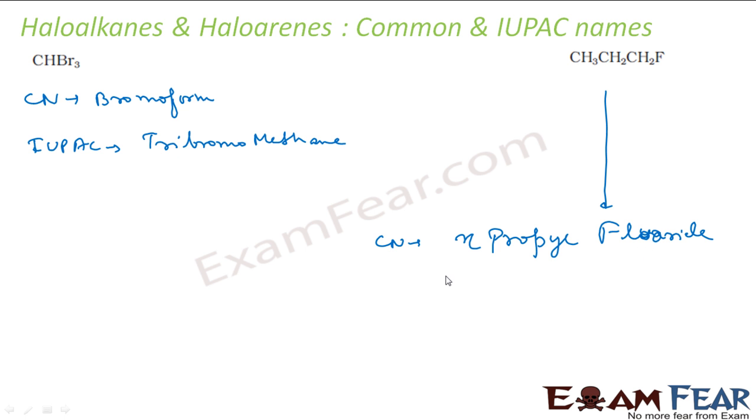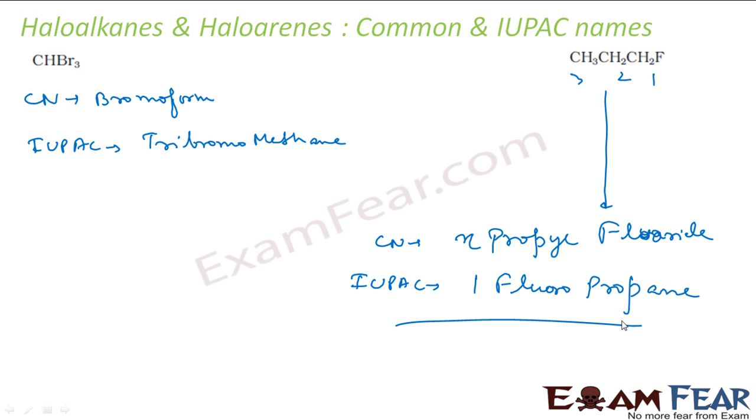Now you write the IUPAC name, what is it? Number it 1, 2, 3. At 1 I have fluorine, so it will be 1 fluoro and total 3 carbon. So prop, all single bond, ane. It will be 1-fluoropropane.